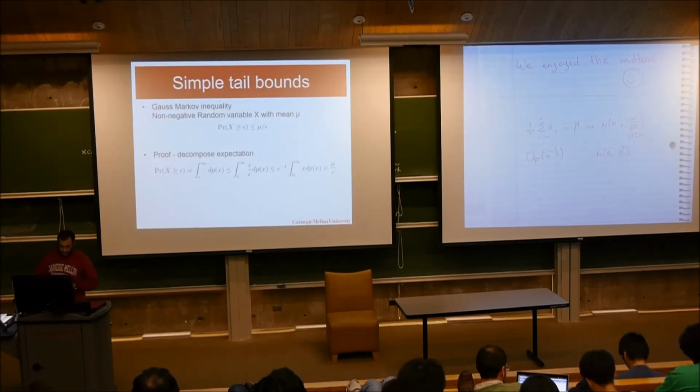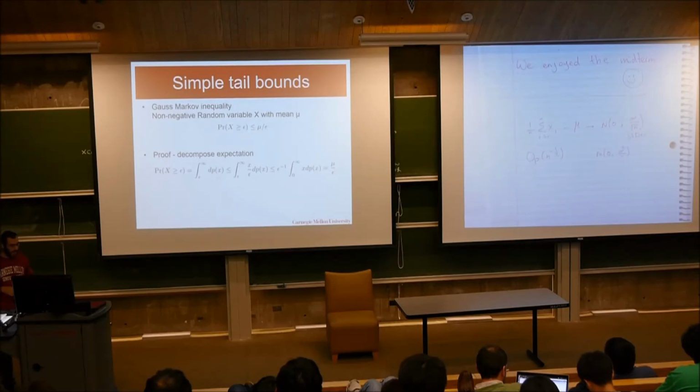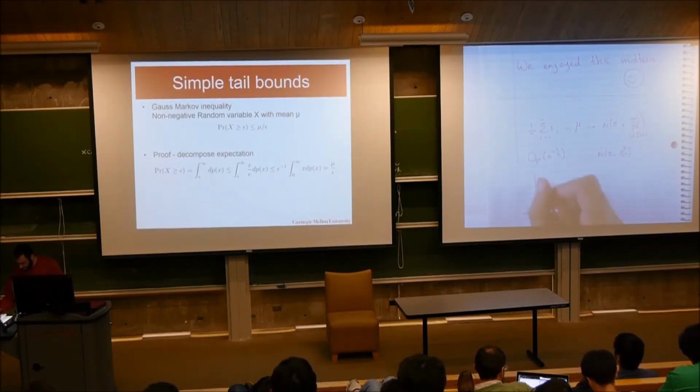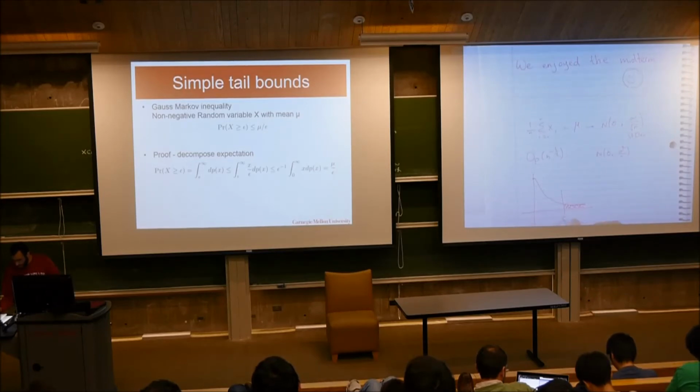The simplest bound is Markov's inequality, or we can call it just Markov inequality. It basically says if your variable is non-negative and it has a mean mu, then, so you have maybe a distribution like this, and you want to estimate the probability of x being greater than some epsilon.